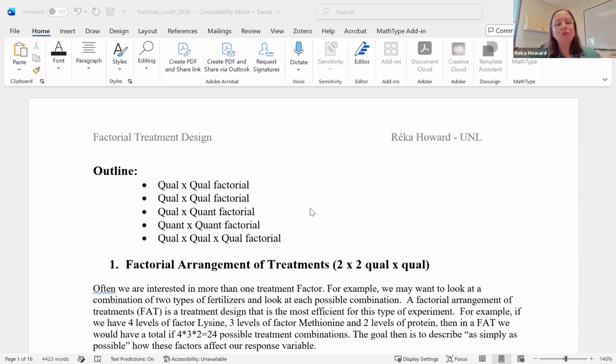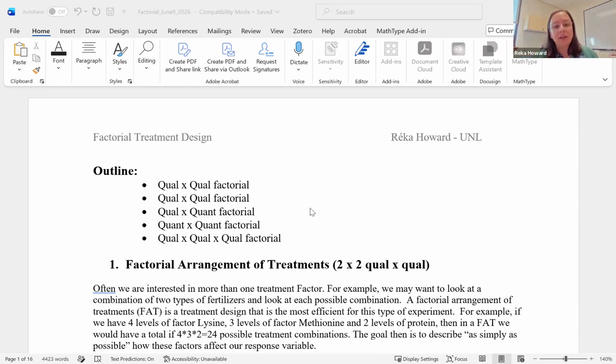It's important to distinguish between factors and factor levels. In this case, when we are talking about irrigation and fertilizer, we are having two factors. And then if irrigation has, let's say, two levels, yes and no, then we are saying that it has two levels.